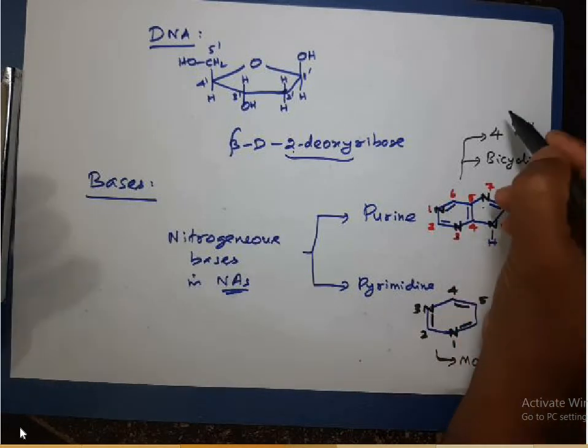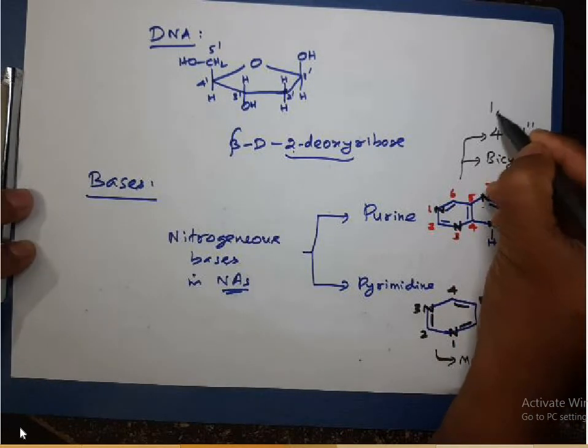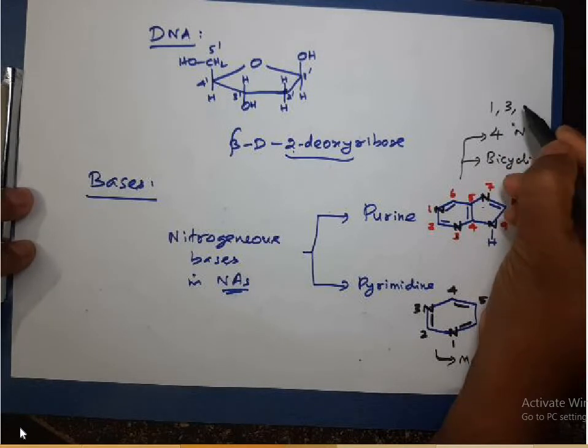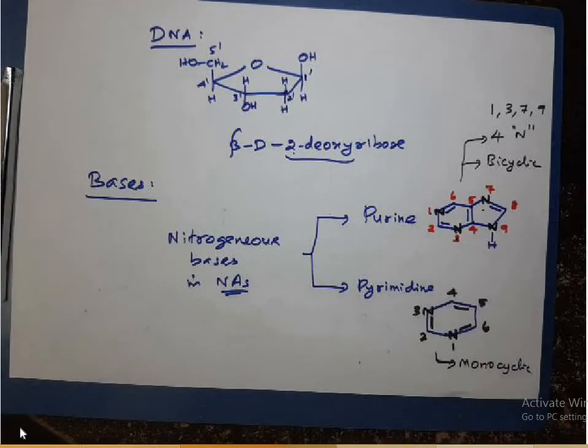Therefore the positions are 1, 3, and instead of 5, they are present in 7 and 9. Position 5 is in between the 6-membered ring and the 5-membered ring, so nitrogen is difficult to present there. Just keep this in mind: the nitrogen atoms are present at 1, 3, 7, 9 positions.